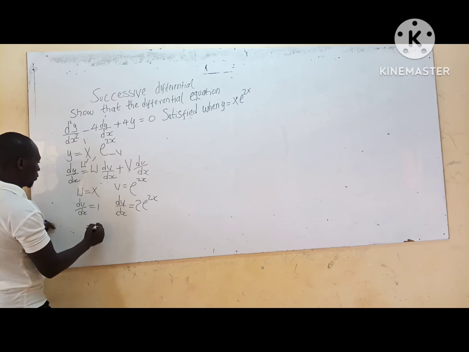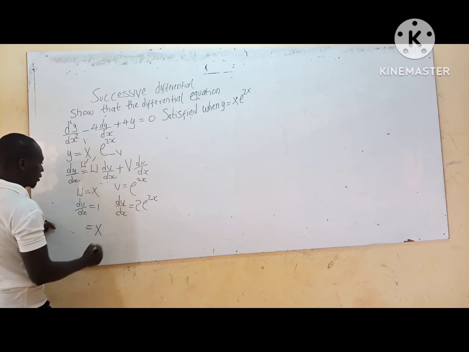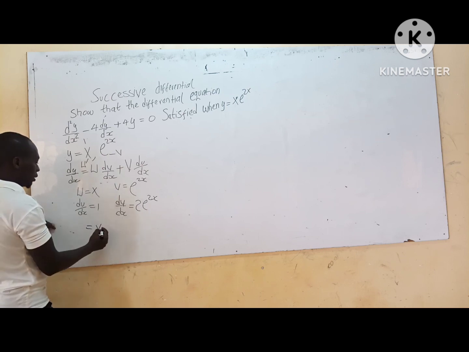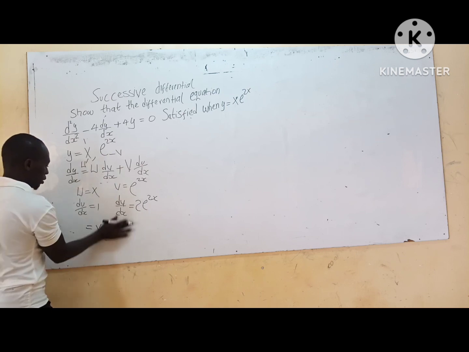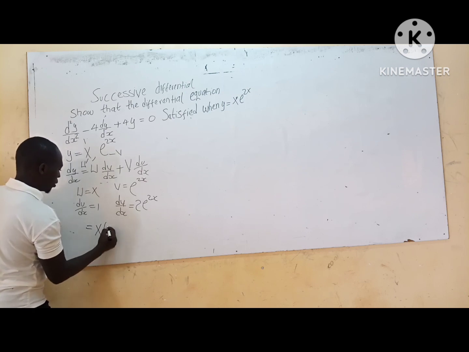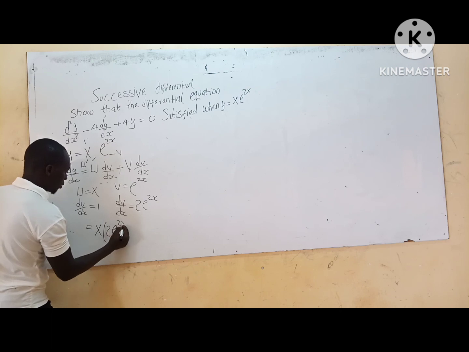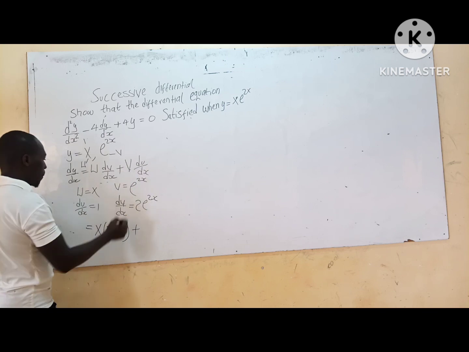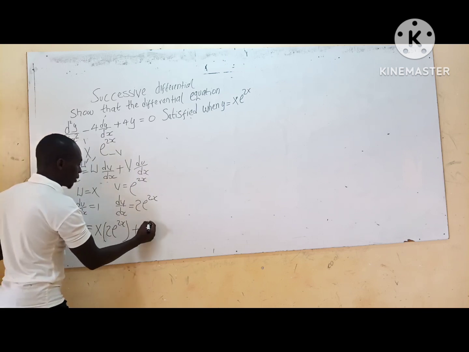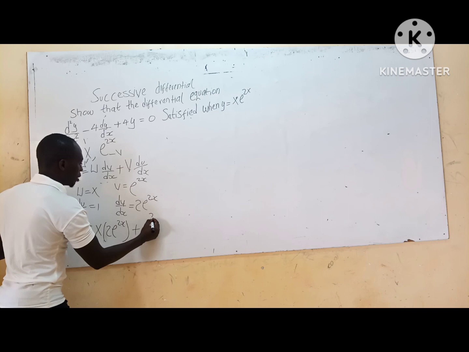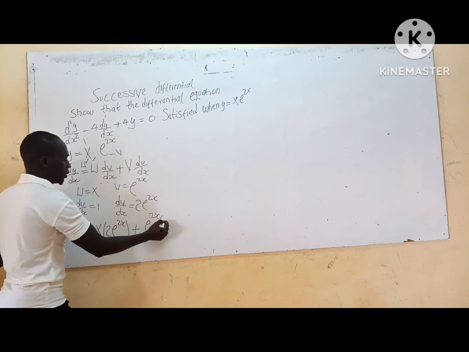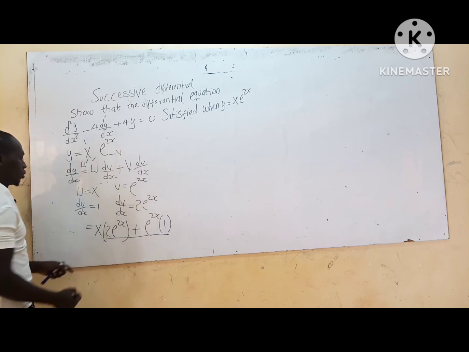Let us now substitute what we have on the formula. By doing that we are going to have u will be x, dv with respect to dx will be 2 exponential 2x. We add to v, which is exponential 2x, times du with respect to dx, which is 1.